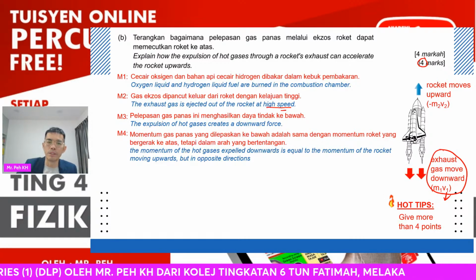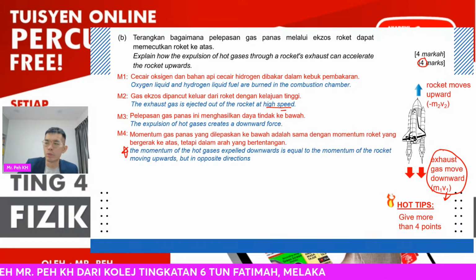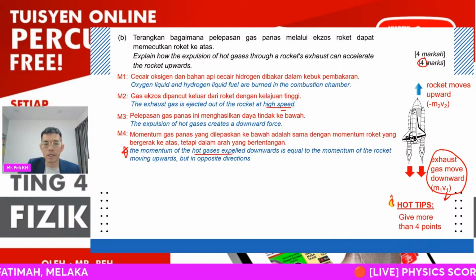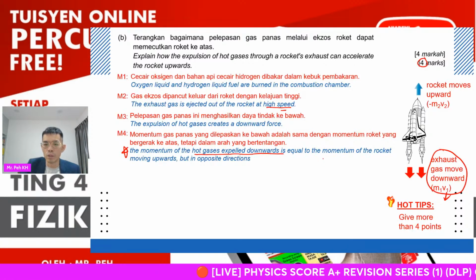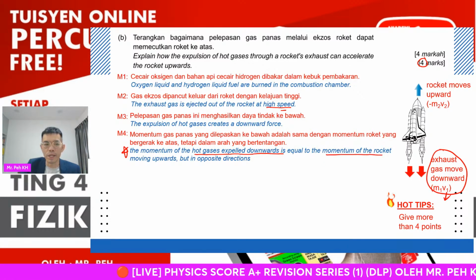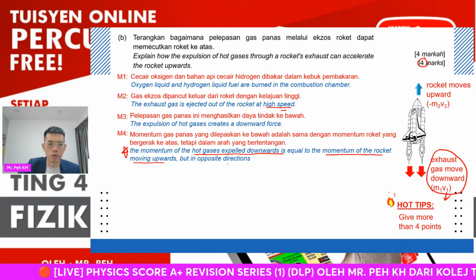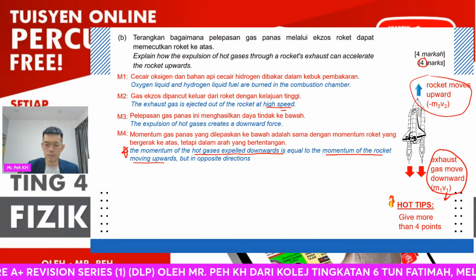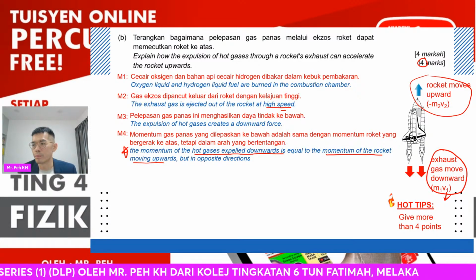Okay, so here will be the statement related to the principle of conservation of momentum. The momentum of hot gases expelled downward is equal to the momentum of the rocket moving outward, but in the opposite direction. This will be shown by the blue arrow.